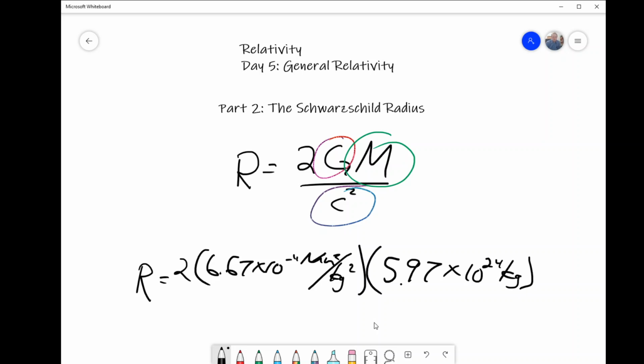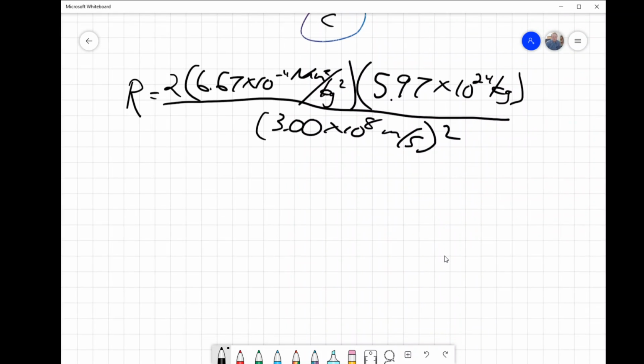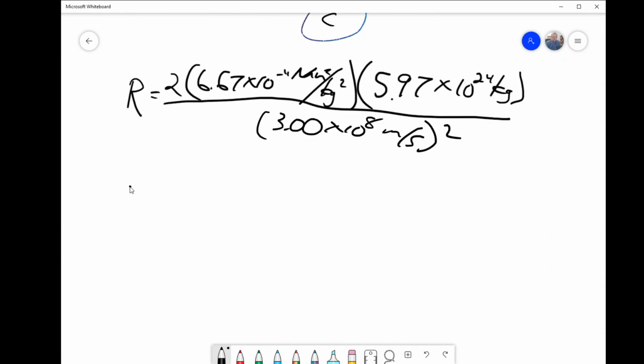So that's our best estimate of it. And the speed of light is 3.00 times 10 to the 8 meters per second, and we'll square it. And this will produce the radius of the Earth if it were a black hole.